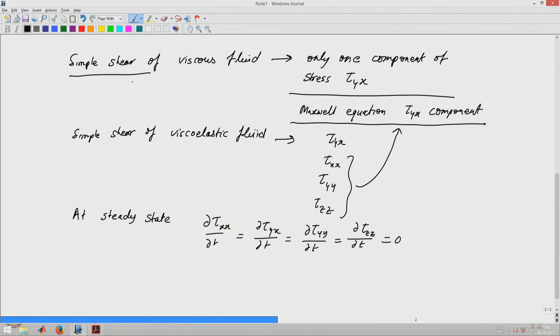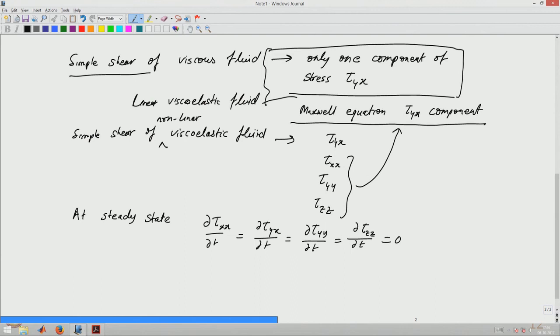So, we can add here that in simple shear of a viscoelastic fluid which is linear, we will observe that there is only one component of stress. However, if we have simple shear of a non-linear viscoelastic fluid, then we have all the 4 components present.